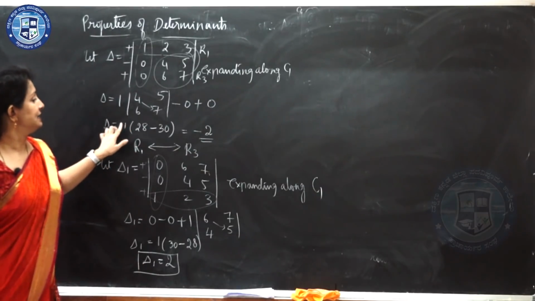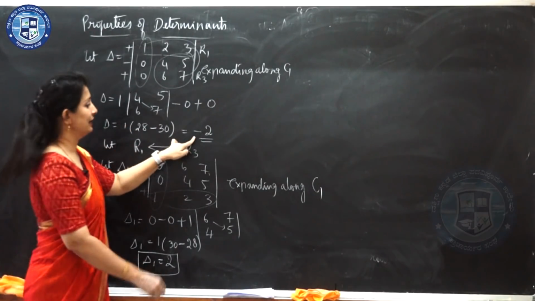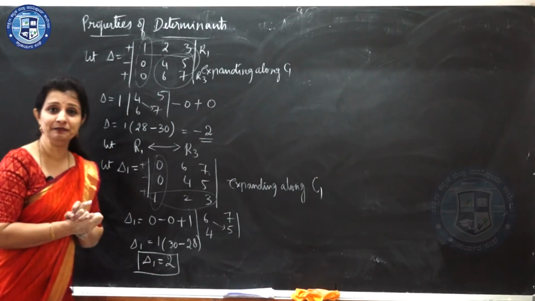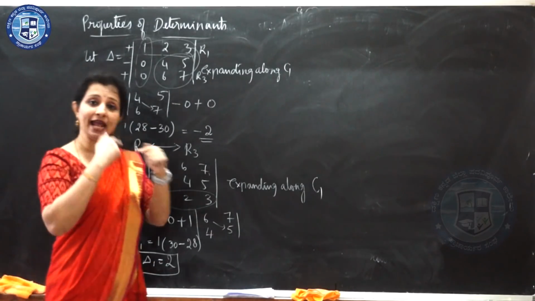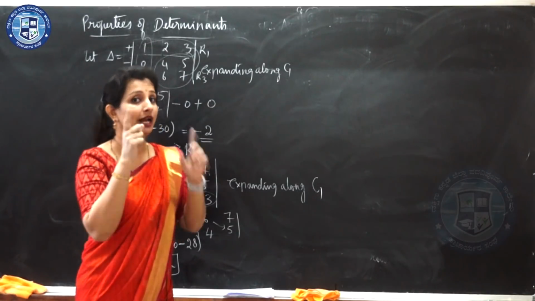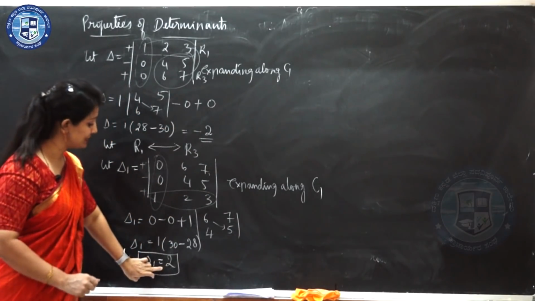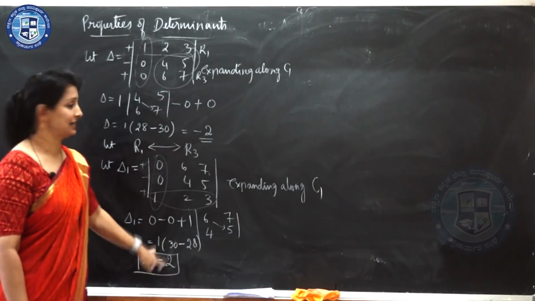Look at this. Delta is minus 2 and delta 1 is plus 2. So, what happened here? If you interchange any two rows or any two columns, then the sign of the determinant changes.